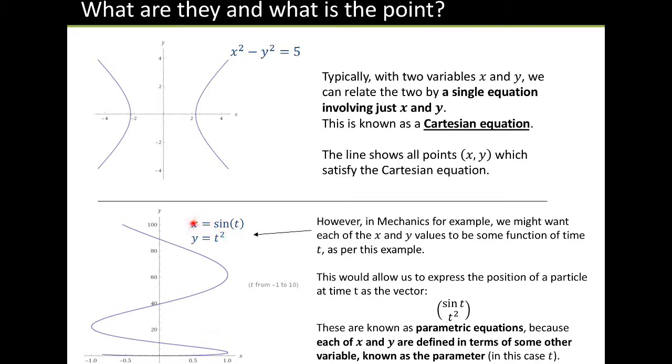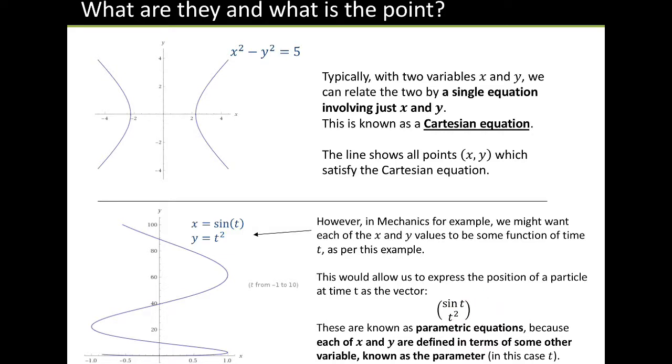So we've got the x variable linked to time, and a y variable linked to time. This allows us to express the position of a particle at a time t as a vector. So we now can see how the position, if we're thinking of modelling our particle, would change in terms of time t.